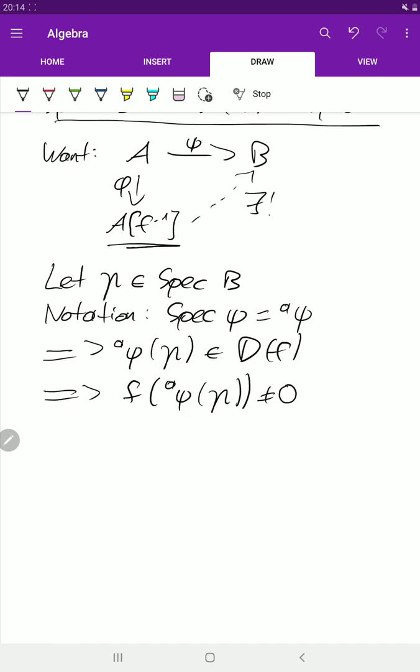This is just rewriting the previous line, so that's actually an equivalence. What this means is that F is not in A psi of P, which is just psi inverse of P.